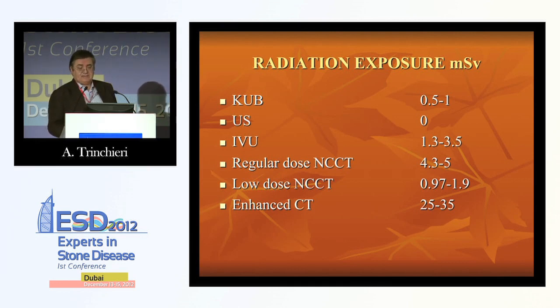You can see that regular dose non-contrast computed tomography can expose to about double of an IVP or 10 times a plain X-ray. There are protocols to reduce the exposition, and in this case, the values of exposition to radiation are more acceptable.